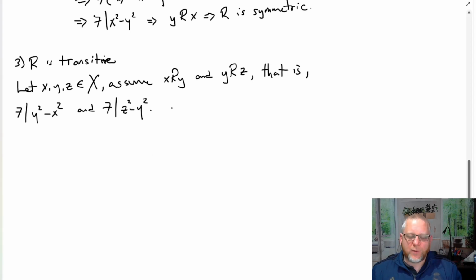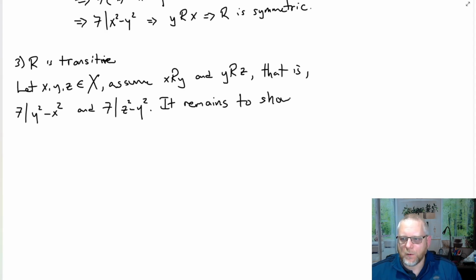All right, so what do I have here? I have 7 divides y squared minus x squared, and I have 7 divides z squared minus y squared. Now what do I want to show? And maybe I'll write this out. You don't have to. This is not absolutely necessary, but it's not a bad thing to do, especially when you get stuck in a proof like this. You're not sure what to write next. You can go ahead and just tell the reader what you're going to do. It remains to show that what?